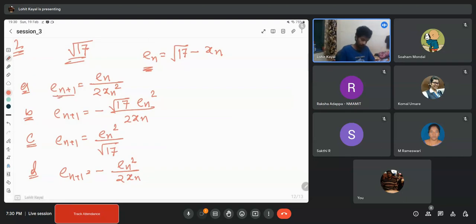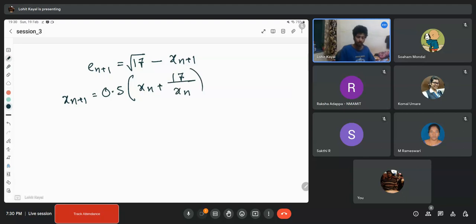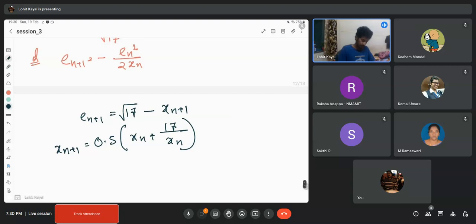So I need to find the value of en plus 1. In all the options my left hand side is same. So I need to go to en plus 1, and en plus 1 is square root of 17 minus xn plus 1. And we know what xn plus 1 is. Xn plus 1 is half of xn plus 17 by xn. Again in this case my f of x is equal to x square minus 17.